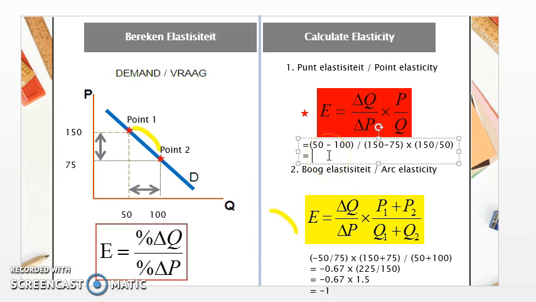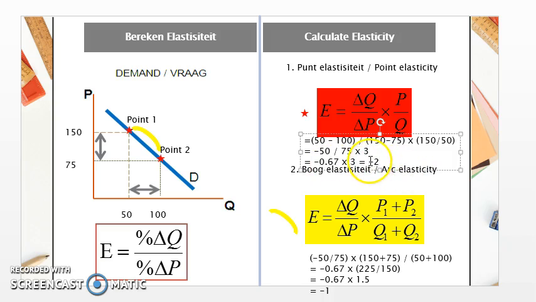So we get minus 50 divided by 75, and then we multiply that by 150 divided by 50, which is just 3. That equals minus 0.67 multiplied by 3, which gives us an answer of minus 2.